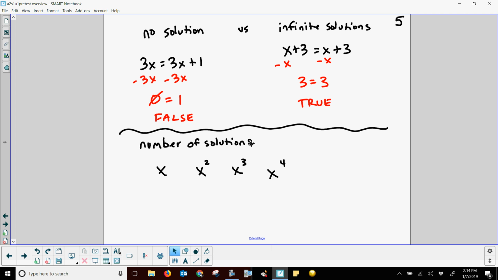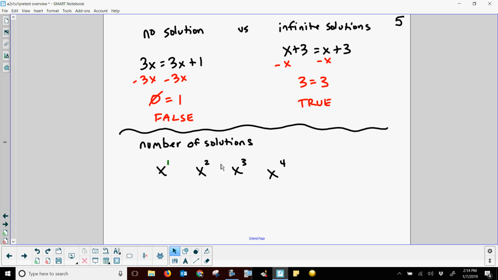Number of solutions. If it asks how many solutions, basically you look for the exponent. That'll tell you usually the maximum number of solutions you can have. So with an invisible exponent of 1, we can only really have 1 solution, unless, of course, it's infinite or no solution. X squared means I can actually have 2 solutions. They may be the same solution twice.